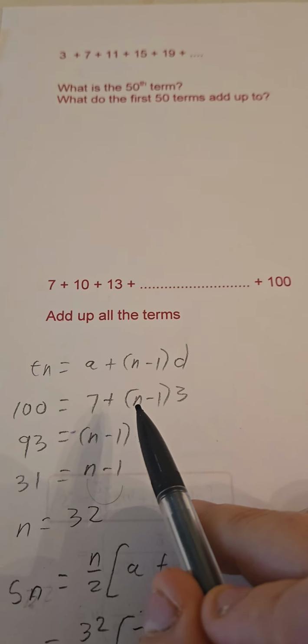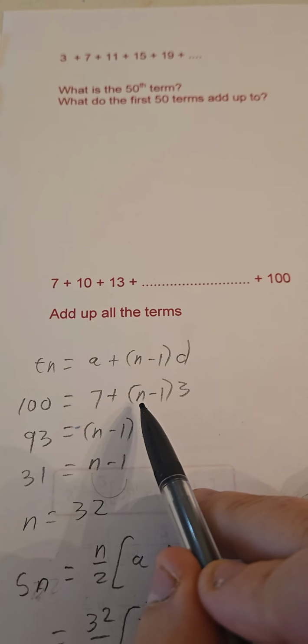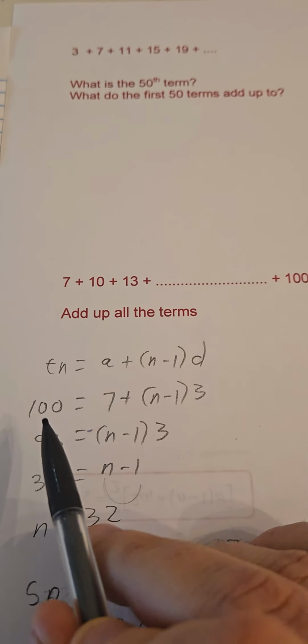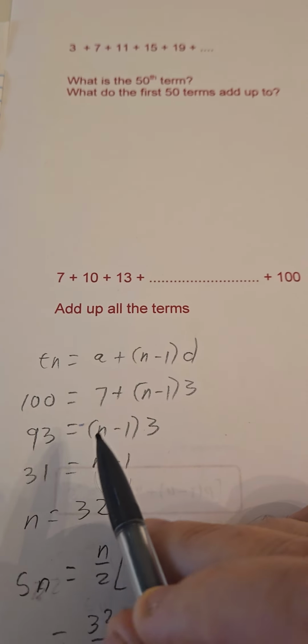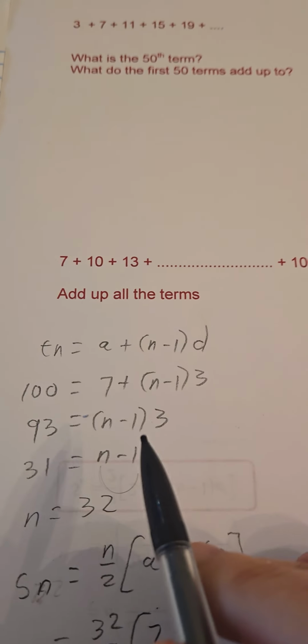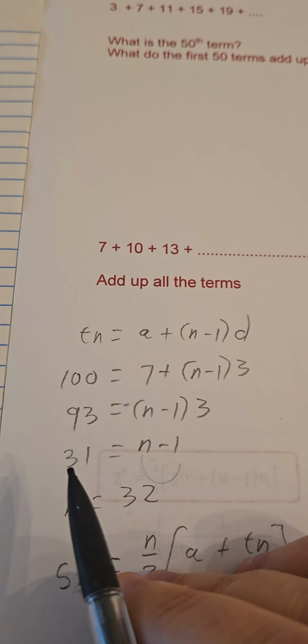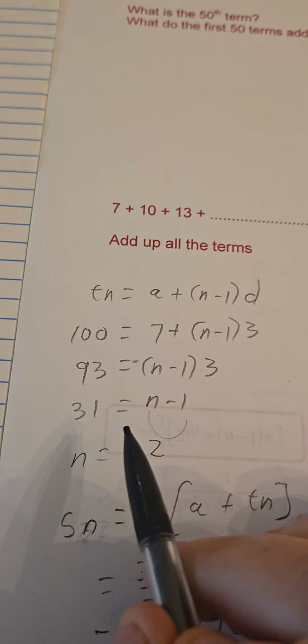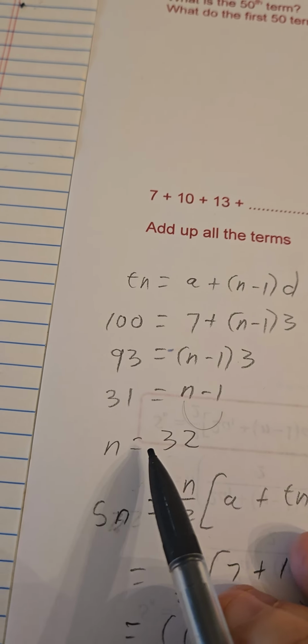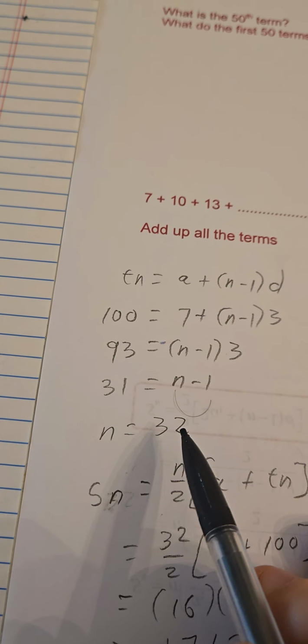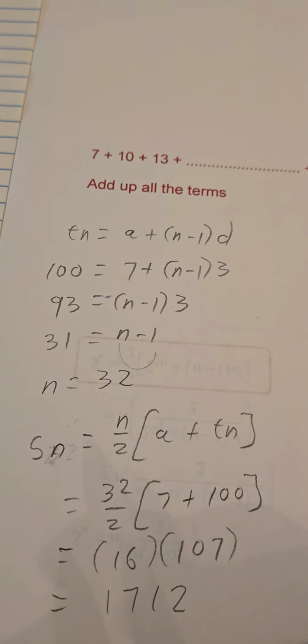There's a certain term number n that will give us 100. And now we simplify. We subtract 7 from each side: 93 is n minus 1 times 3. We divide each side by 3 because it's an equal sign. 31 equals n minus 1. We add on 1 to each side. n equals 32.